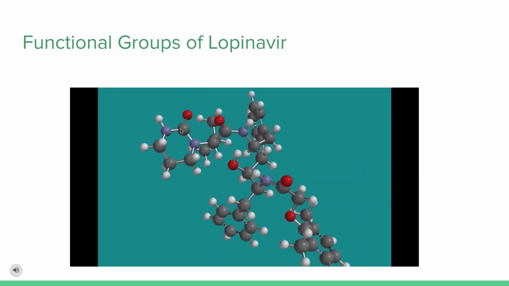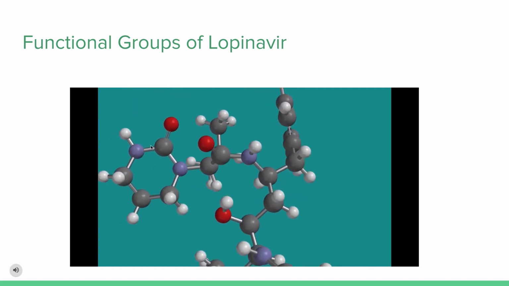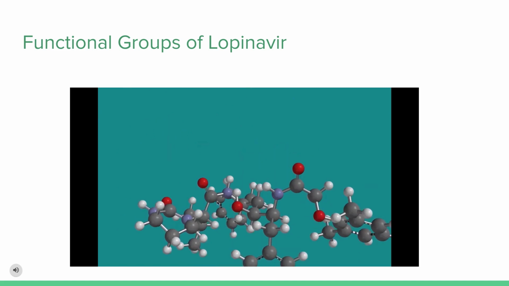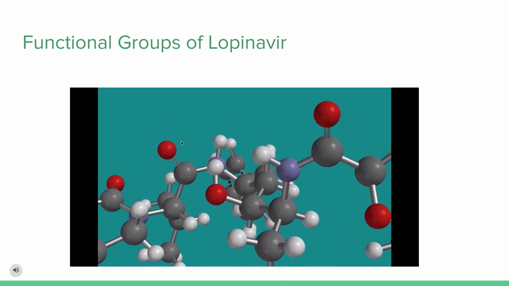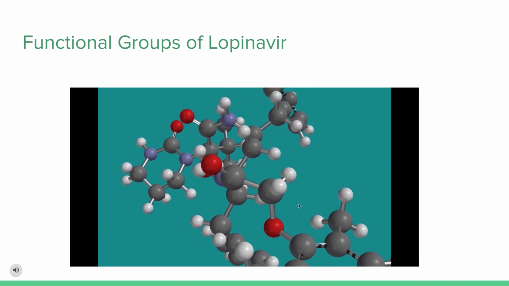And then when we zoom in a bit, we can see a carbonyl group and another carbonyl group. And as we rotate a bit and zoom in, we see that carbonyl group, as well as that ether group.